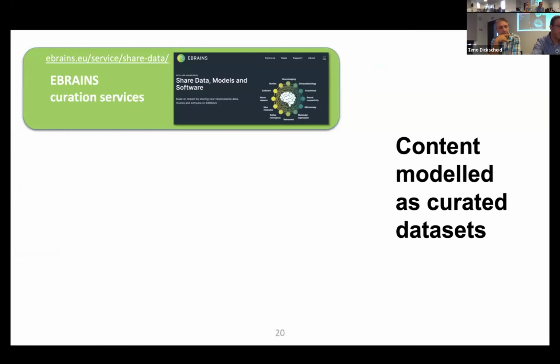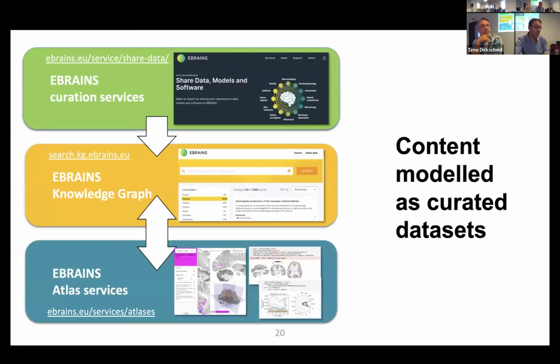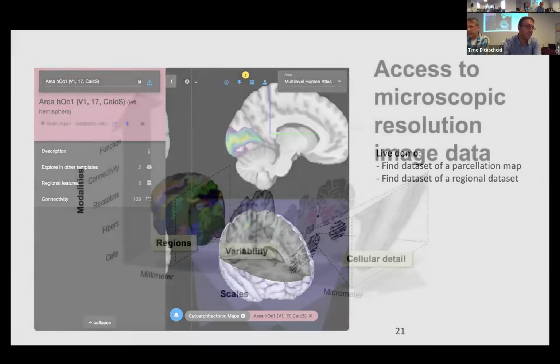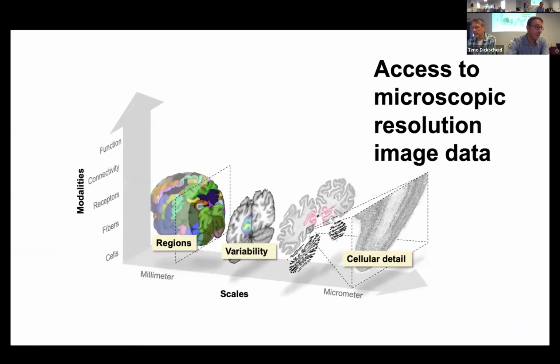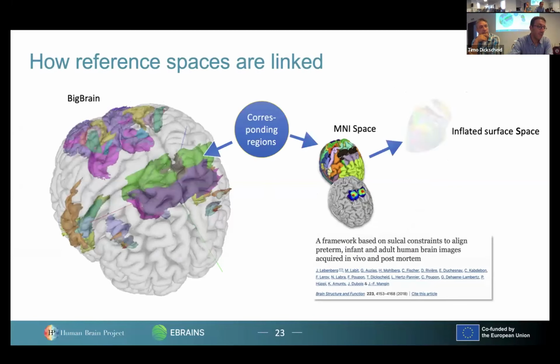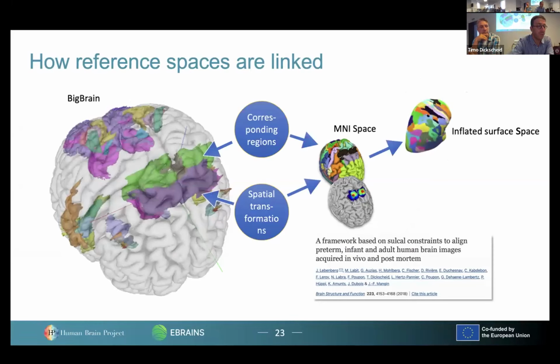So we have seen this principle now. We have also seen that for the things we are touching here in the viewer, behind everything there's usually a curated data set. And we have also mentioned that you can switch between reference spaces such as BigBrain, MNI space, and the surface space.